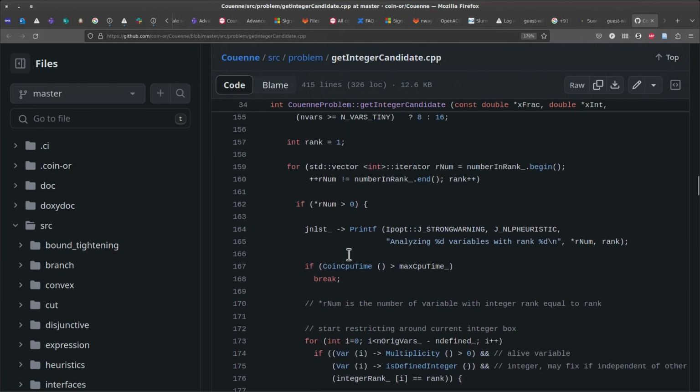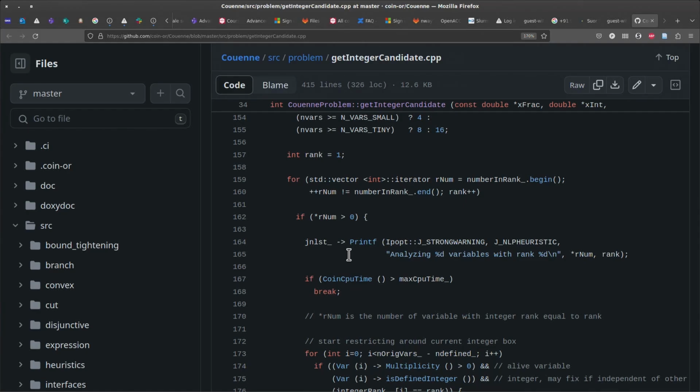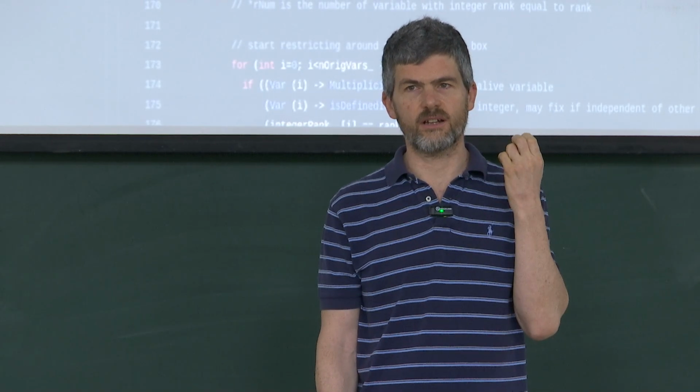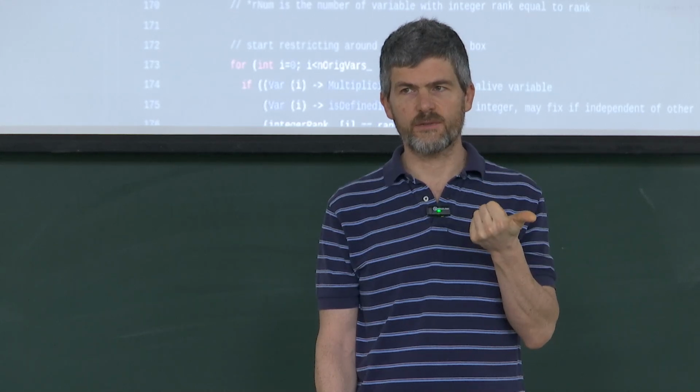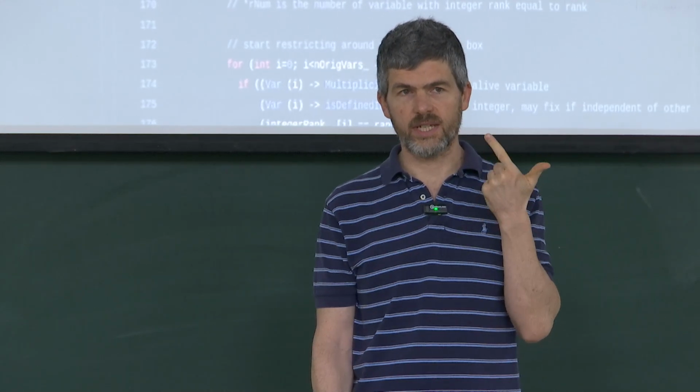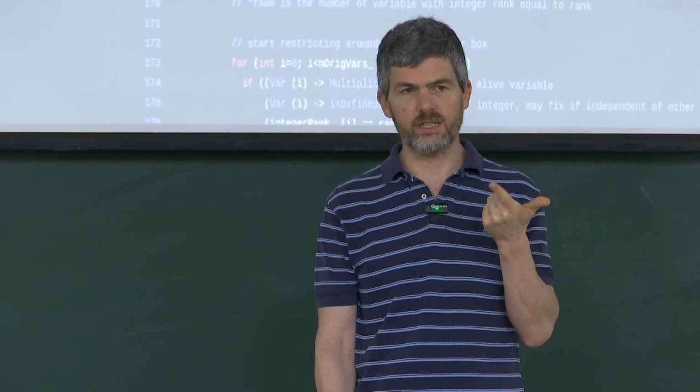Yeah, there it is. It's a loop on all the variables, but it looks at variables with a certain idea in mind. And the idea is to try to understand how to go from the solution to a continuous relaxation, even worse, the solution to a linear relaxation of a MINLO, which does not satisfy integrality on the variables and does not satisfy even the nonlinear constraints.